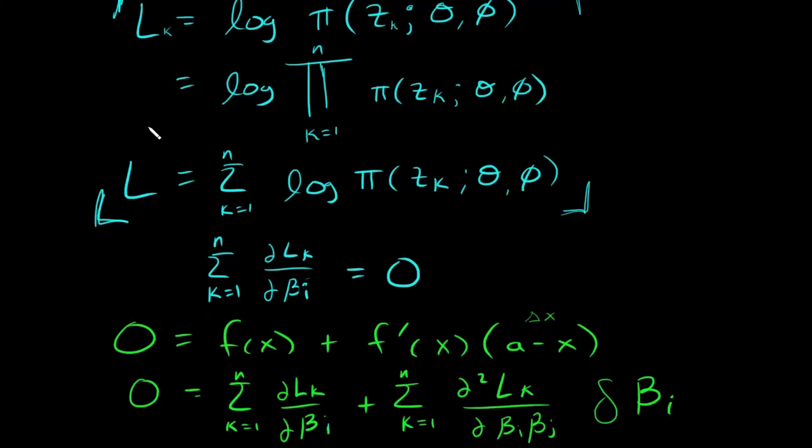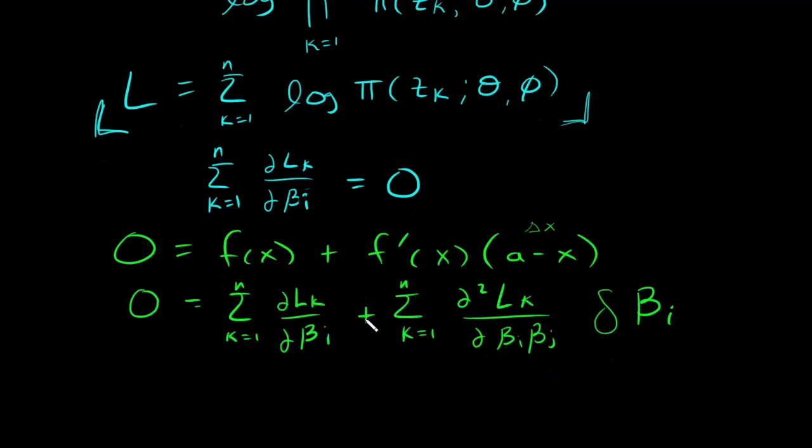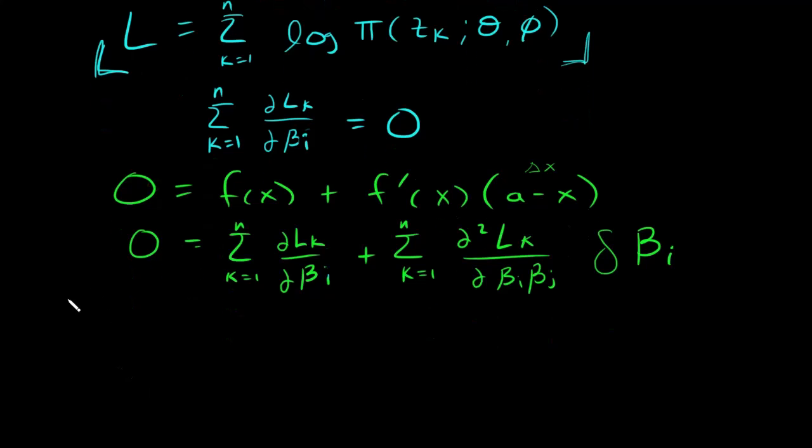Let's see. We're getting really close to equation 9 now, actually. So what I want to do now is go ahead and move this part to the other side of the equation. So I'm going to subtract it from both sides using a little algebra. Actually, I'm going to move that sum out first.